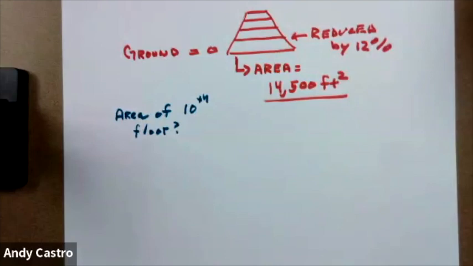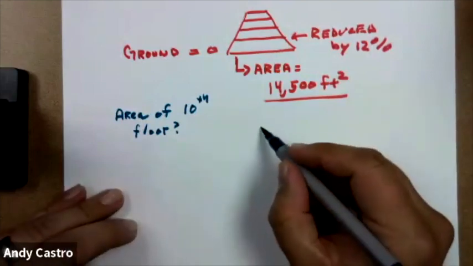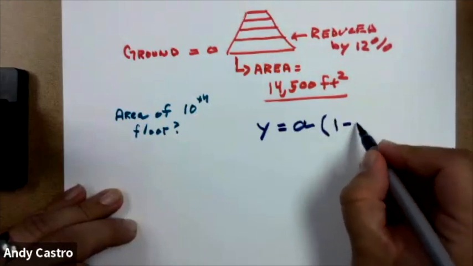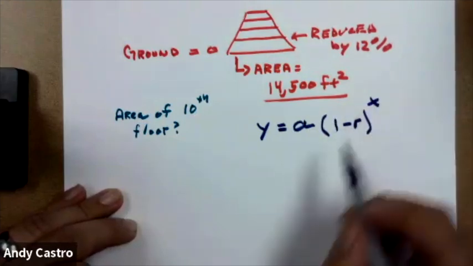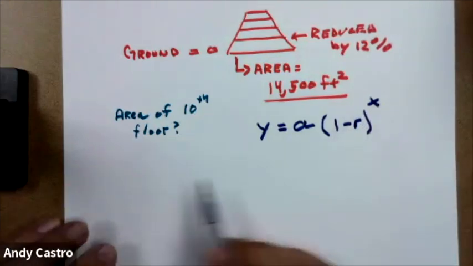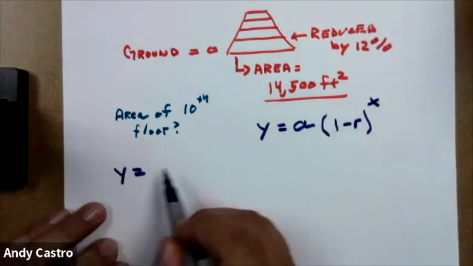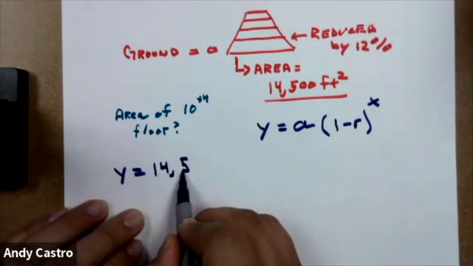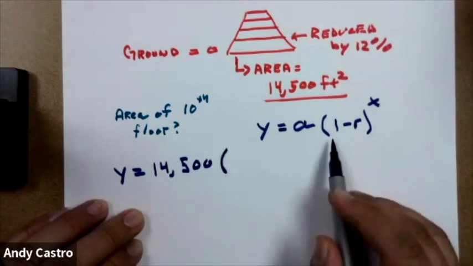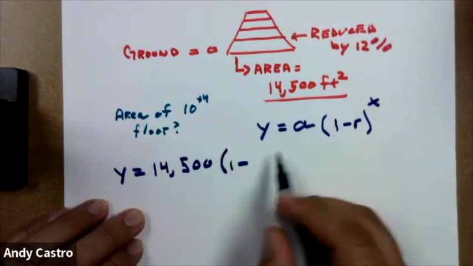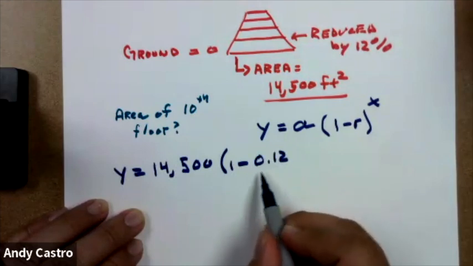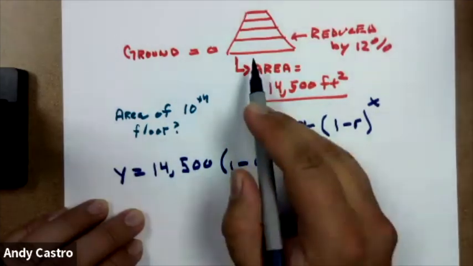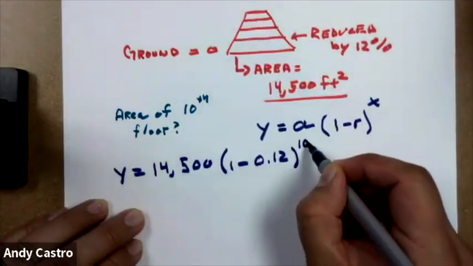Okay, so let's go ahead and plug in using our decay formula. We have our initial value, times 1 minus the rate, raised to the number of iterations. So here, my initial value is the ground floor, which is 14,500 feet squared, times 1 minus the 12% drop, which is 0.12, raised to, and we do this once every floor for 10 floors.